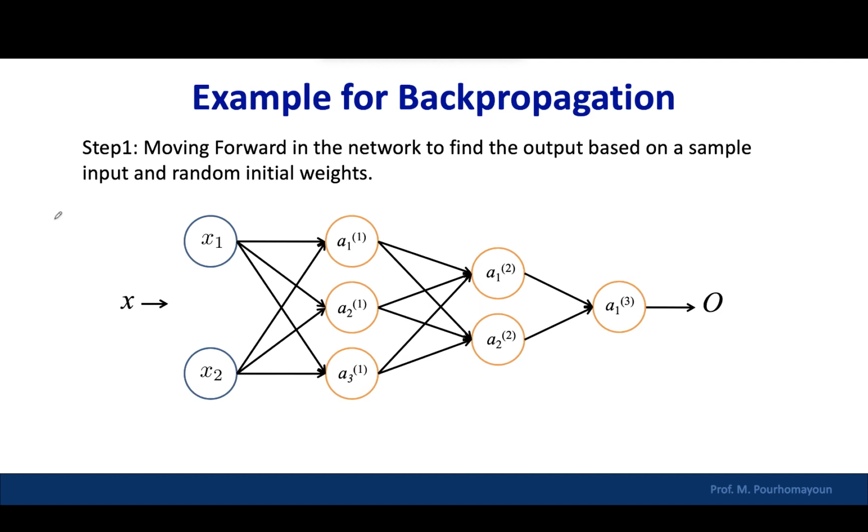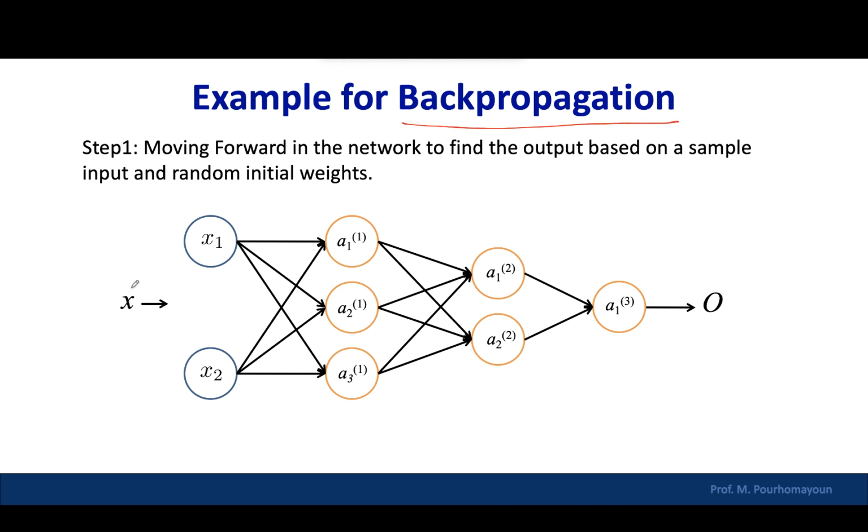Okay, so now I want to show you one example of how it works, and then I want to show you a numerical example. Okay, so suppose that this is one network. So please listen carefully. I am showing you how to do one step of backpropagation using only one training sample. So suppose that X is one training sample, and I'm showing you how to do one iteration of backpropagation.